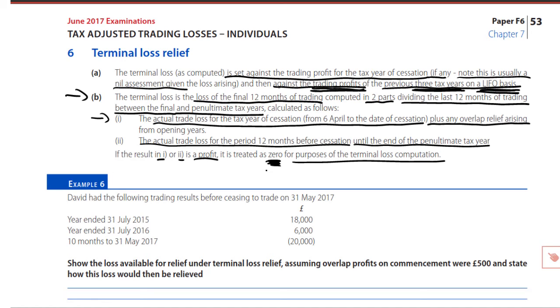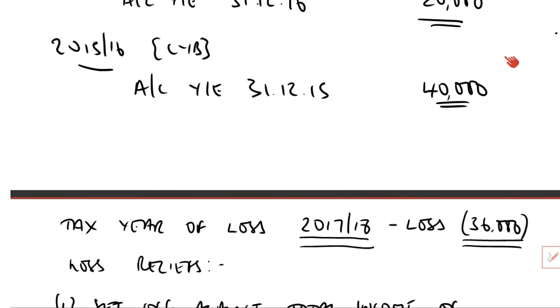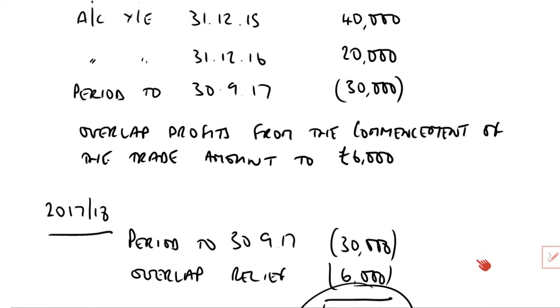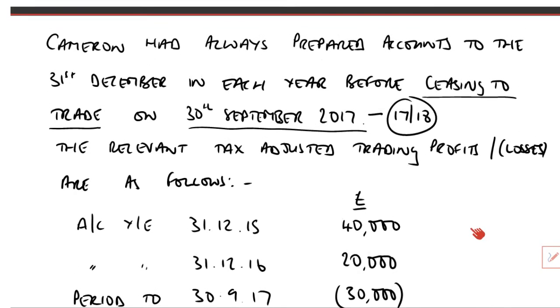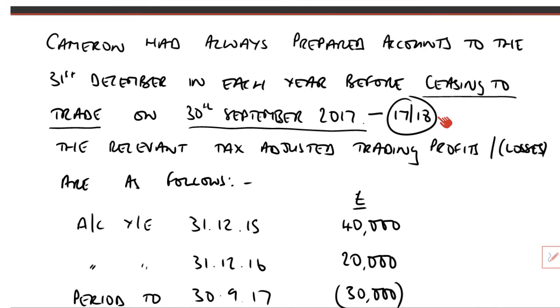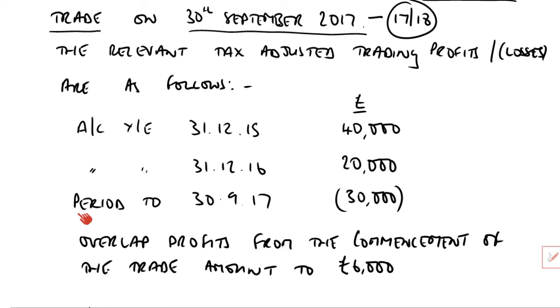Let's therefore go back now to our example on Cameron, whereby we saw that we had this information here. So ceased trading on the 30th of September 2017, 17-18 was the final tax year. We finished with a final 9-month period, the final 9-month period to the 30th September 17, amounting to 30,000 loss.